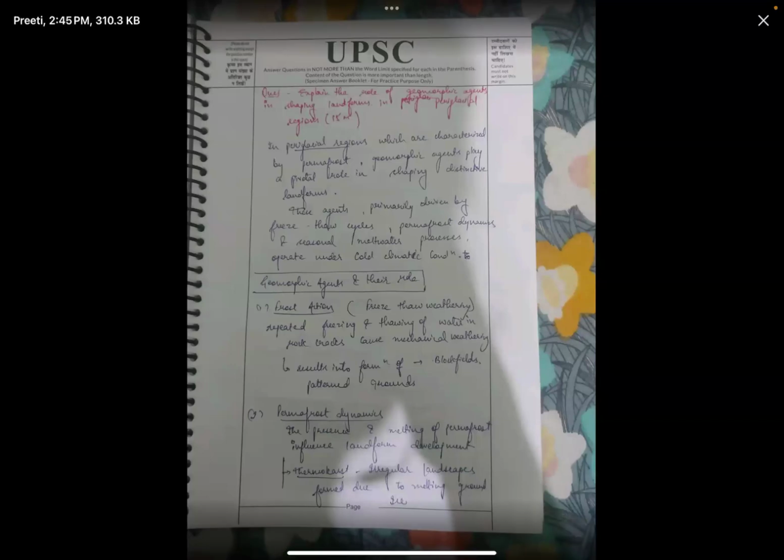The periglacial regions are characterized by permafrost. These agents are freeze-thaw cycles, permafrost dynamics, and seasonal melt, where water melt occurs under cold dynamic conditions. First action: permafrost dynamics, permafrost irregular landscapes.